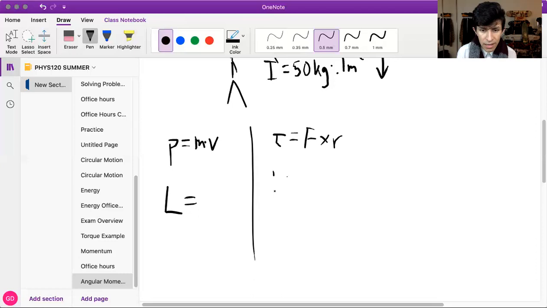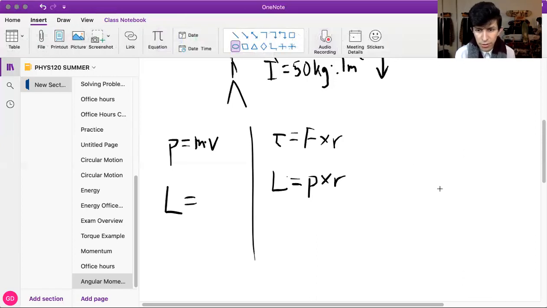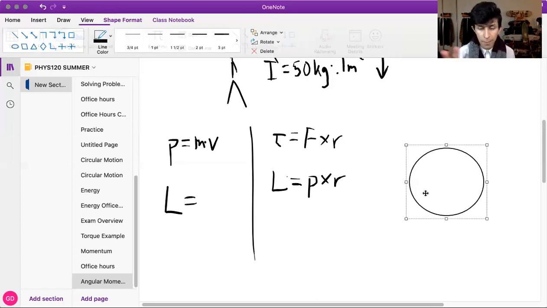If you look at angular velocity, you can apply the same idea. What is the linear counterpart to torque? Force. What is the linear counterpart to angular momentum? Momentum, and then cross R. So what this means is if we draw a circle, so let me get this circular thing right here.